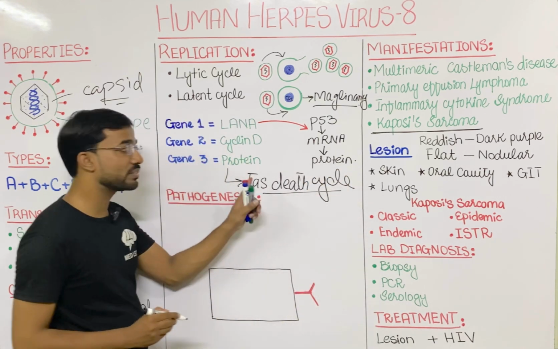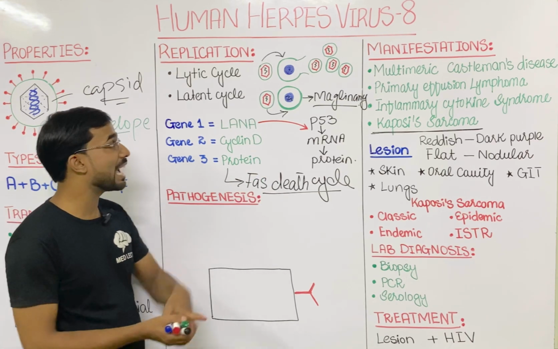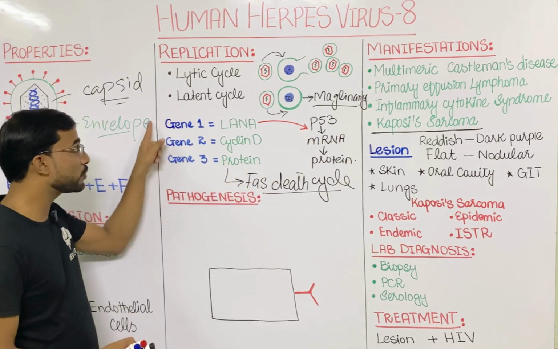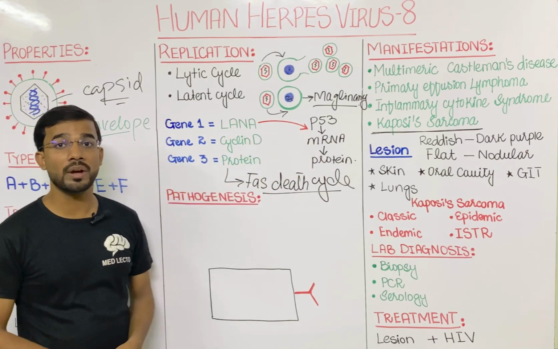After the inhibition of this cycle, the cell will survive, and ultimately the infected cell will grow. So these are basically the three mechanisms through which the cell starts growing and ultimately goes towards malignancy.